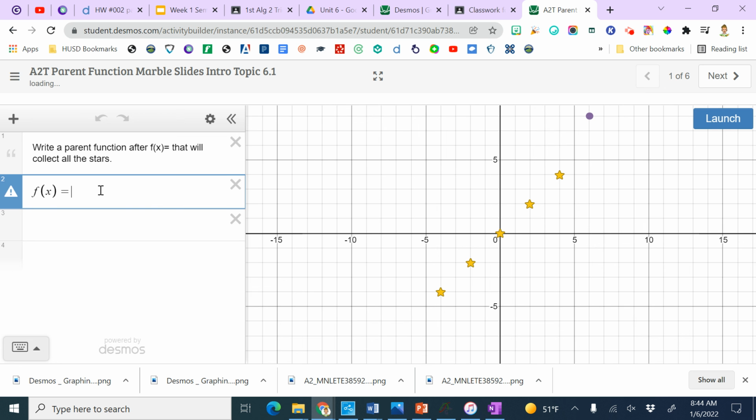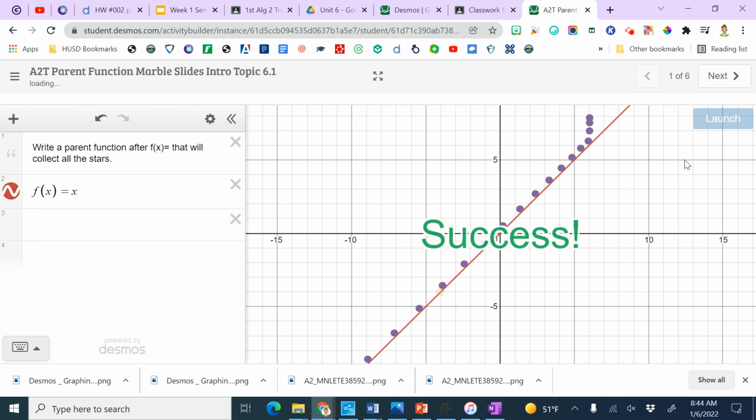It looks linear, right? So what's the equation for a parent function for equation of a line? X. So I'm going to type that in. Okay. And then I got to see if I was right by collecting all the stars. So I see that little purple dot? It's like a little ball. Okay. And I hit launch and it says success if I got it right. Does that make sense? Okay.